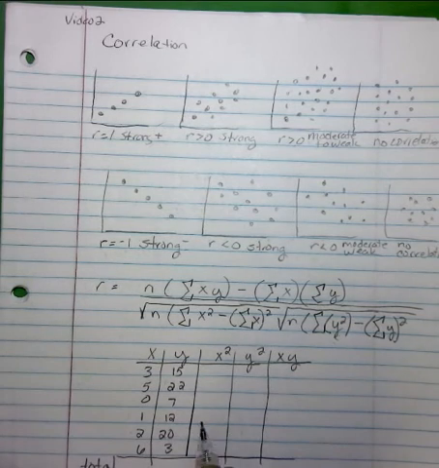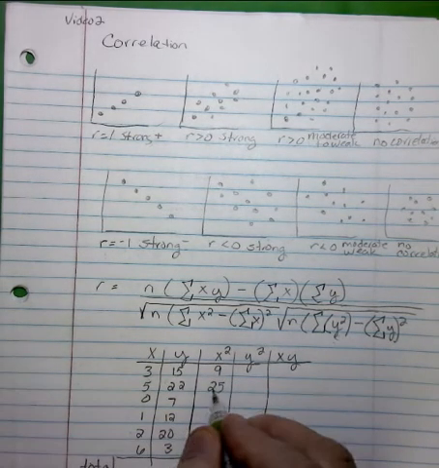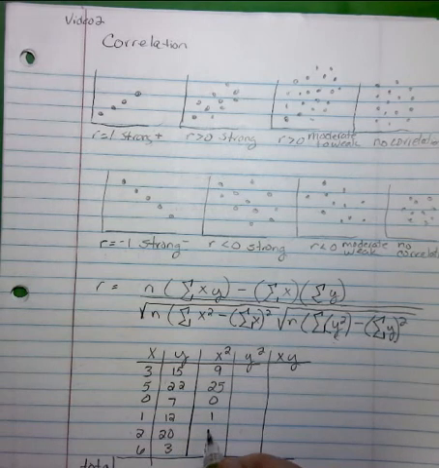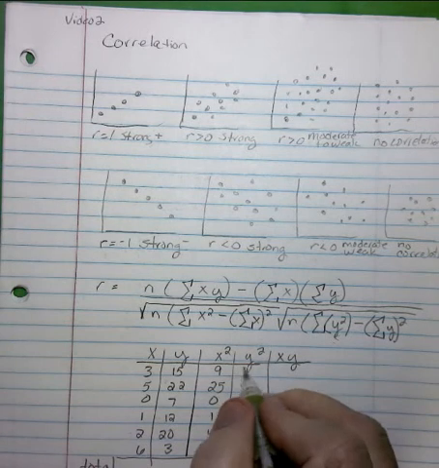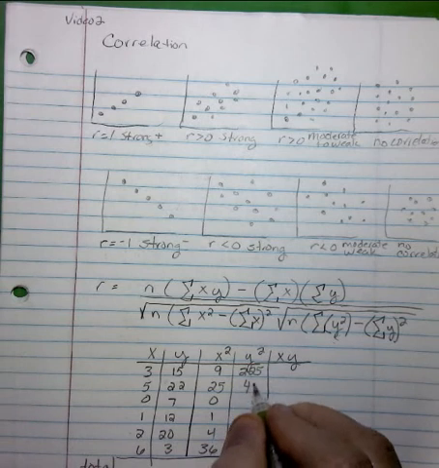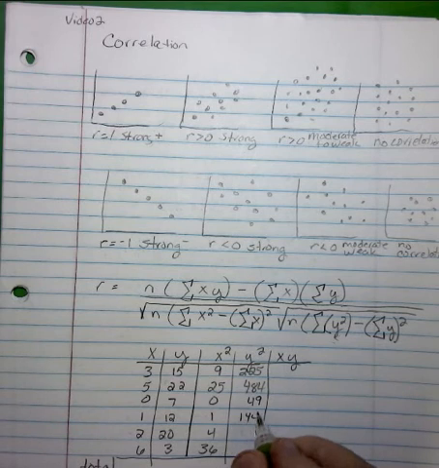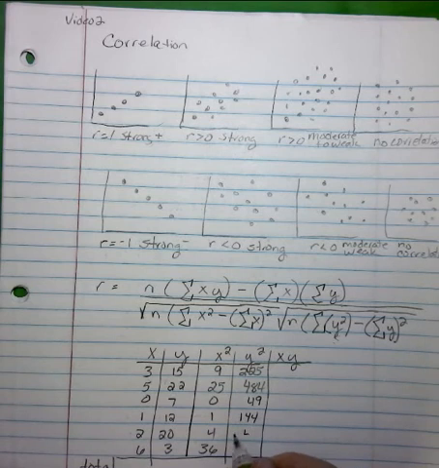So first, x squared is 9, 25, 0, 1, 4, and 36. Y squared is 25, 22 squared is 484, 7 squared is 49, 12 squared is 144, 20 squared is 400, and 30 squared is 900.